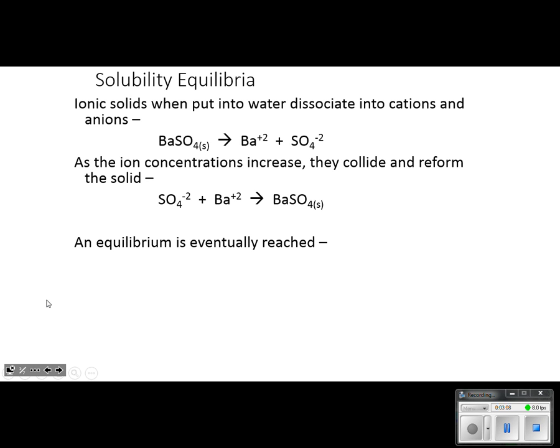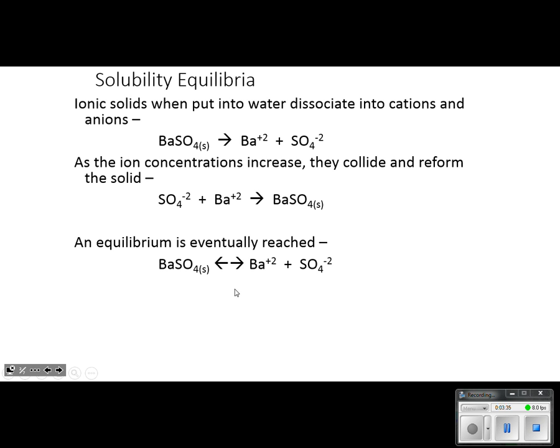Well, once we reach that equilibrium using that criteria, we can write an equation reflecting that equilibrium. Now you'll notice here that we have a solid present. So in this particular set of equilibria that we're going to be working on, when we do our products over our reactants, there's never going to be anything on the bottom because remember we always cross out the solids.